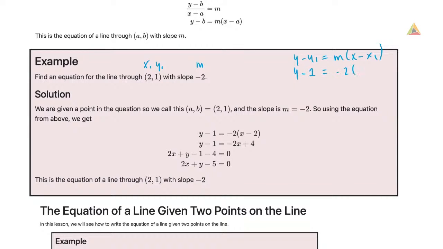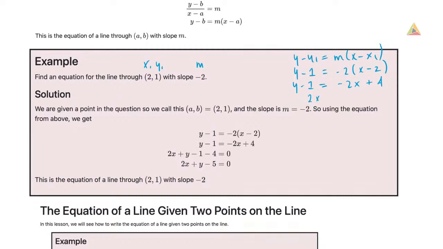The slope is minus 2. X minus x1 in this case is 2. So y minus 1 is equal to, so minus 2 by x is minus 2x, minus 2 by minus 2 is 4. And now the idea is to bring everything to one side. So I'm going to bring everything over.